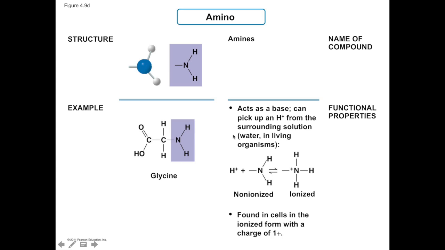So remember, a base is something that either contributes hydroxide ions or it can pick up protons. In this case, the latter is true. It acts as a base by picking up protons from the surrounding aqueous solution in cells. And when it is ionized, that nitrogen gains a positive charge.